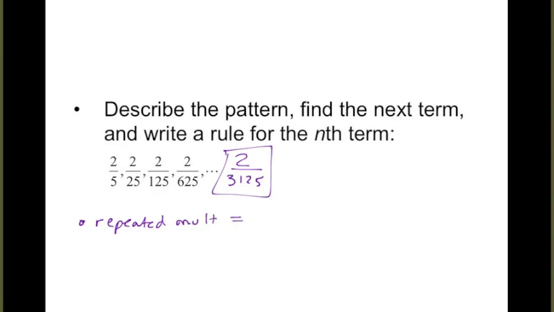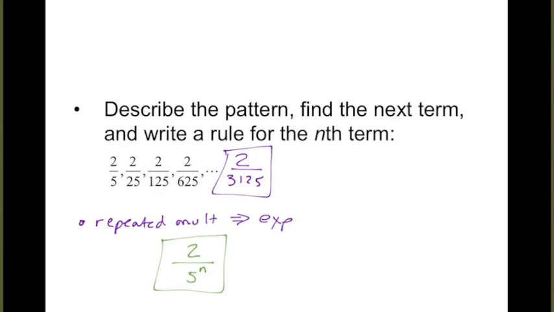And what did we say repeated multiplication is going to become as a rule? An exponent. So for our rule, the top is 2 all the time. Nothing's happening to the top, so we're just going to put 2 up there. On the bottom, we're multiplying by 5 over and over and over and over and over. So how would we write that as a rule? 5 to the n.